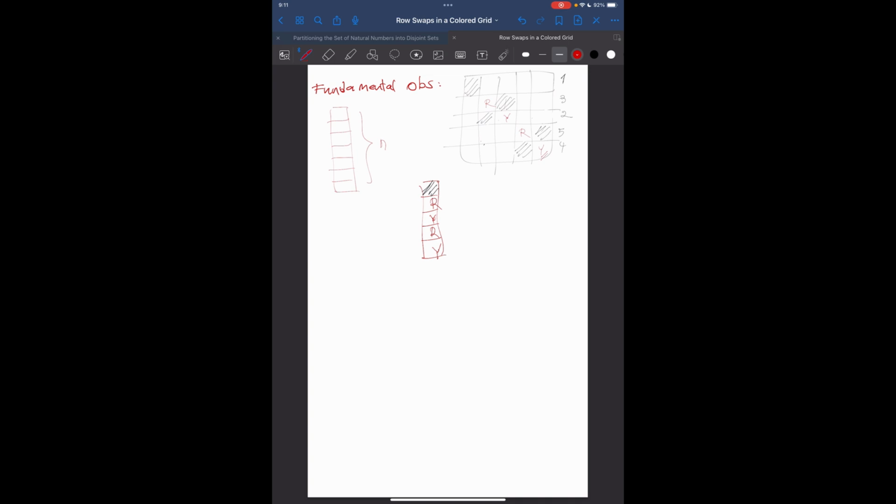And the argument I made is that if you look from north, from top, the first not blue cell must be red.